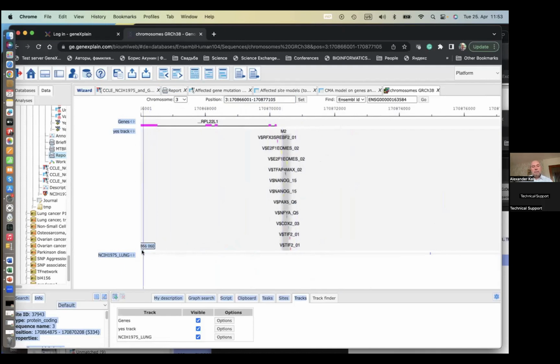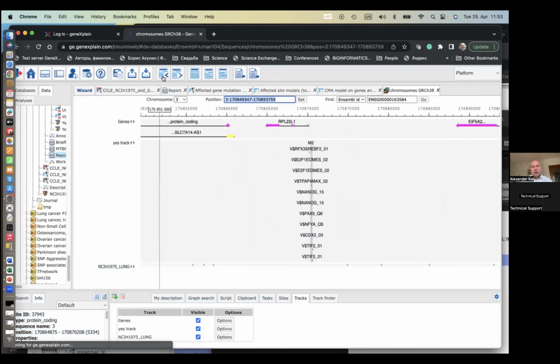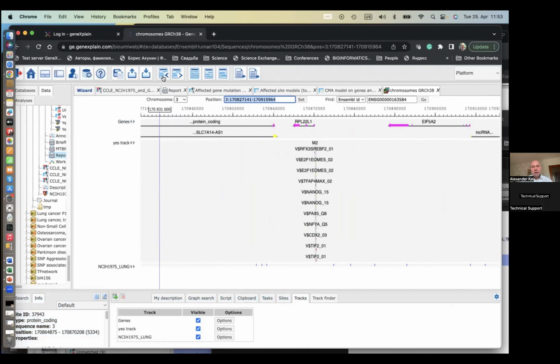What this system is doing: when mutations are located inside the gene, like in this case, in the intron of that gene, and if this gene is upregulated in our system, then it will analyze the region around that cluster of mutations.